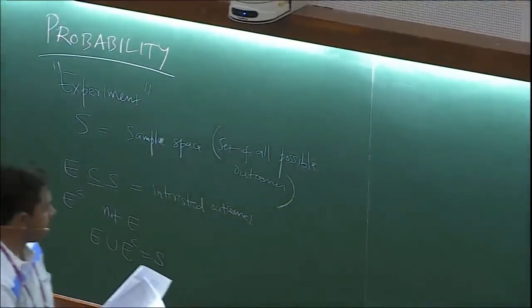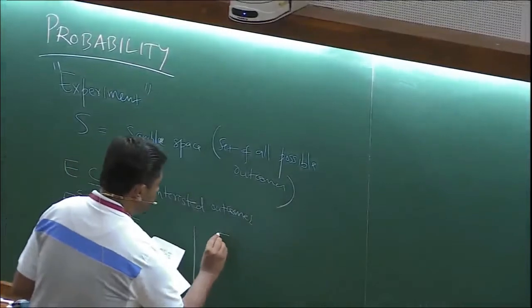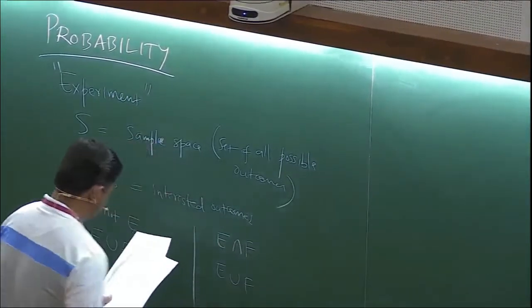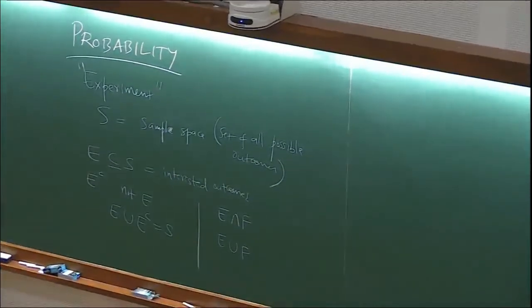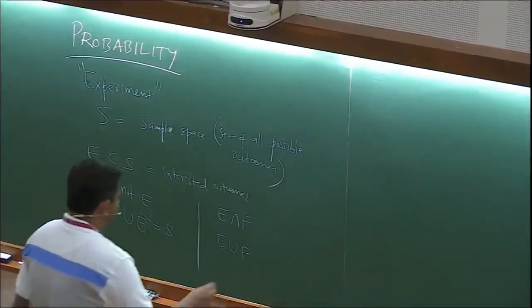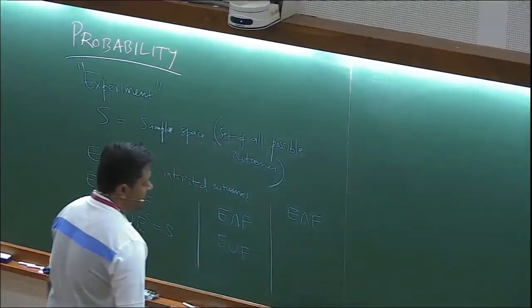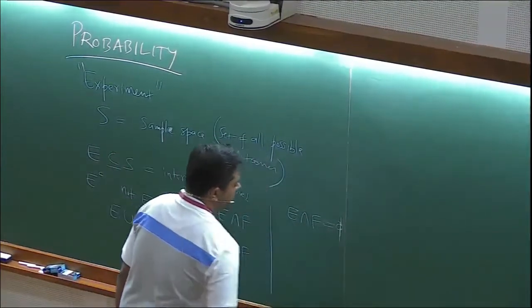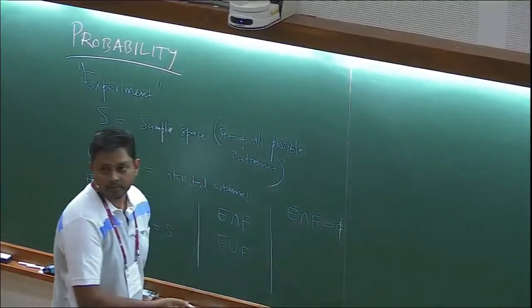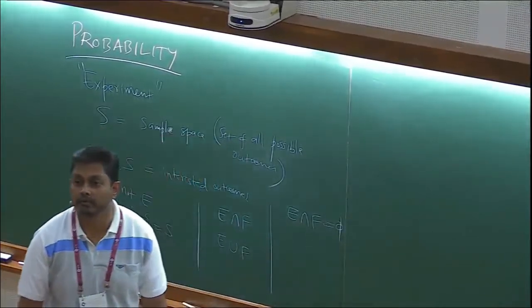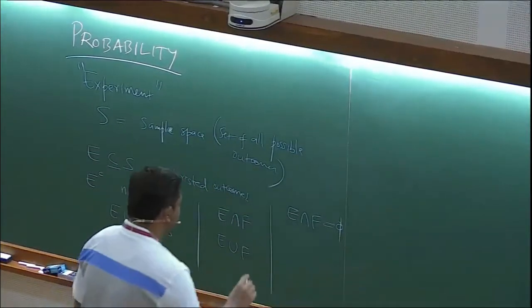Similarly, you can define the intersection of two events, the union of two events, and so forth. If two events E and F are such that their intersection is a null set, what do you call E and F? These are mutually exclusive events.